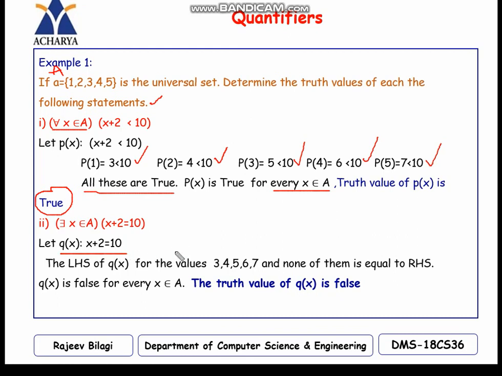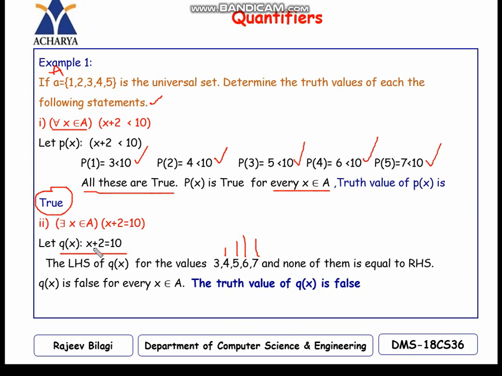If you look at the values 1, 2, 3, 4, 5, if you substitute x is equal to 1, you will get 3. If x is equal to 2, you will get 4. x is equal to 3, you will get 5. x is equal to 4, you will get 6. x is equal to 5, 7. All these are not equal to 10.